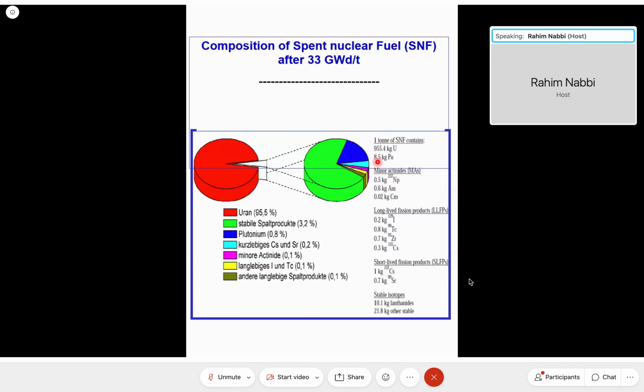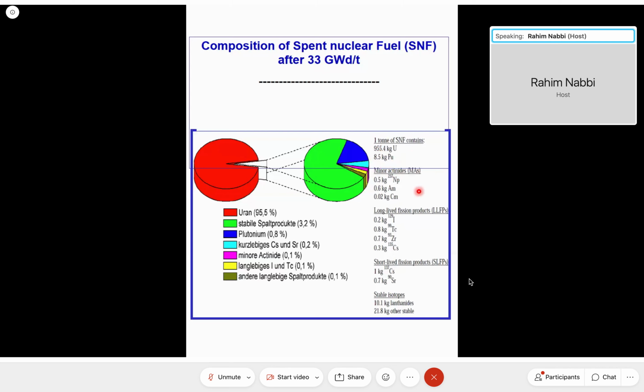And we produce during the operation or irradiation a considerable amount of plutonium, which is partly considered as fuel and partly considered as waste, depending.